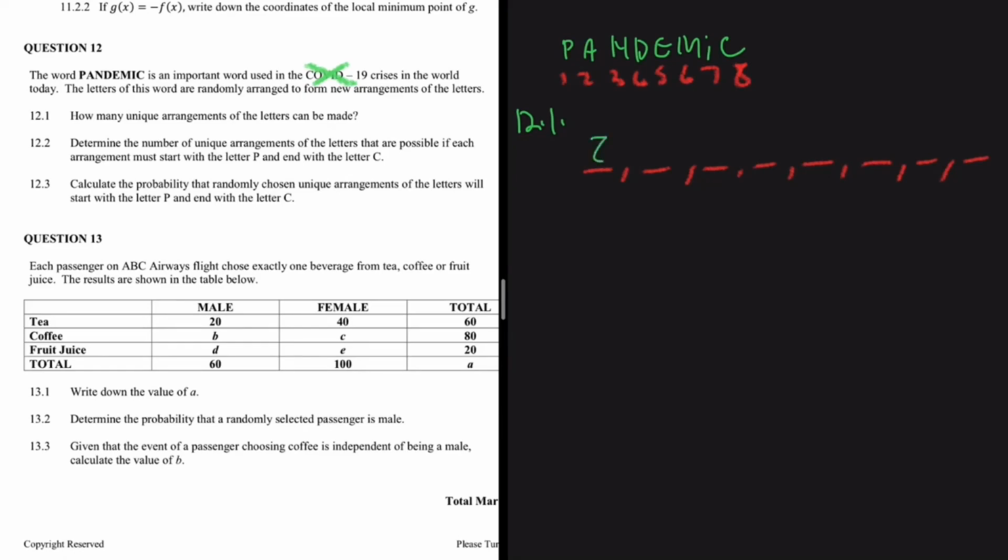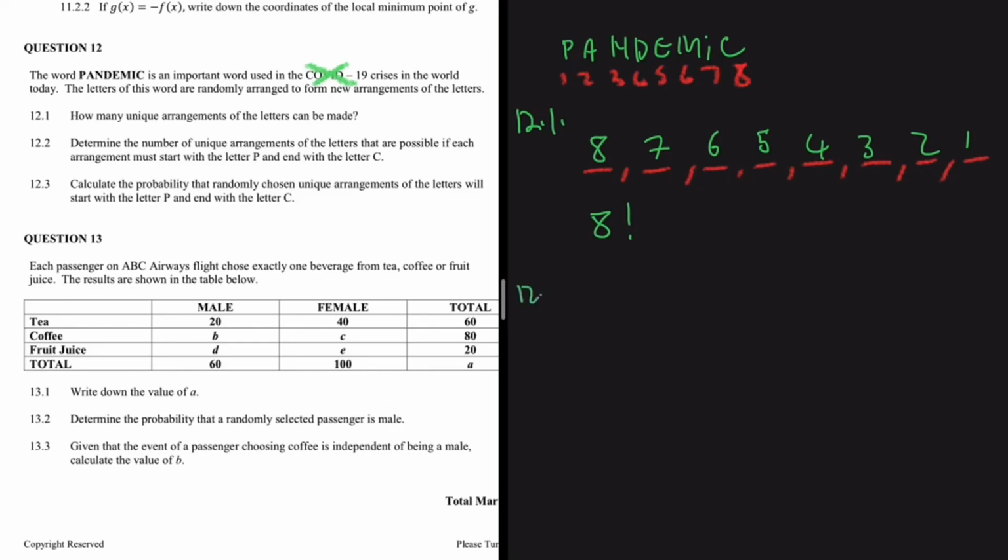So we have 8 possible ways in the first position. And then in the second position, because you've already placed one letter, you have 7 letters that can fill that position. So we have 7. And then on this third position, you have 6 letters that you can put in that position. You can see the trend now. So here you're going to have 5, 4, 3, 2, 1. So basically you have 8 factorial ways in which you can arrange these 8 different letters.